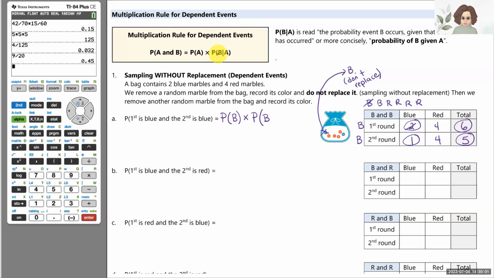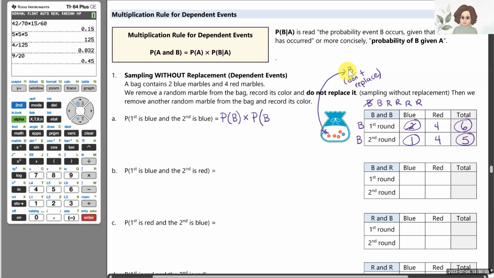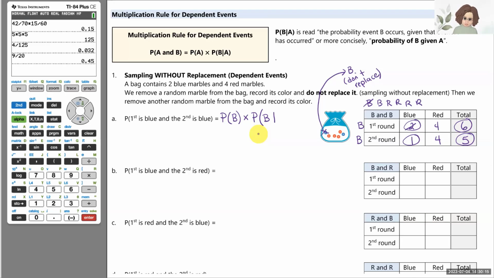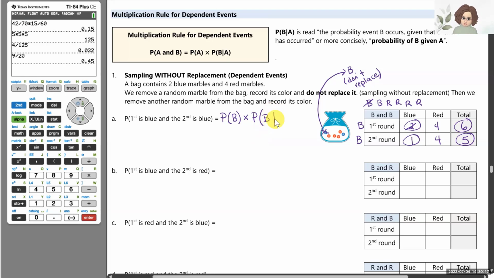But knowing that we already took out the blue one. So it's the probability of blue times the probability the next one is blue. And then we say given that or knowing that, and it's just a little vertical line there on a keyboard. It's called a pipe, little vertical line, and it's read given.